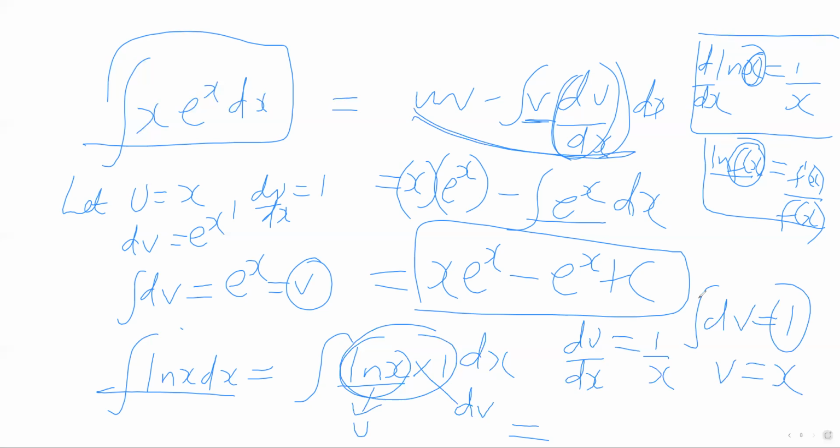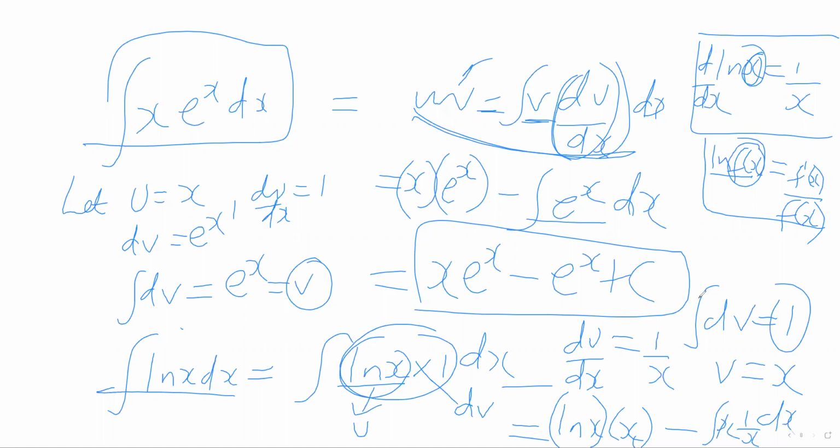So u from here is ln x. v is x, not 1 over x. Minus the integral of what is v? v is x. What is du dx? The derivative of ln x is 1 over x.